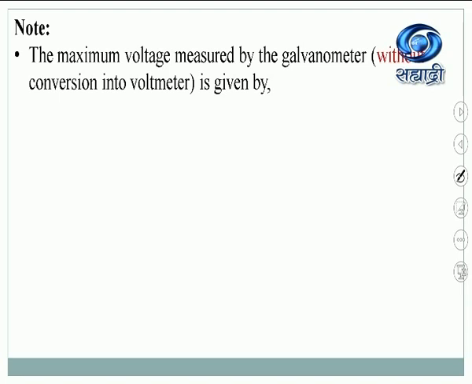Just like the ammeter, for the voltmeter we shall see one more thing. The maximum voltage measured by the galvanometer. Galvanometer means without conversion into a voltmeter, that means the high resistance is not connected. How much will this maximum voltage be?